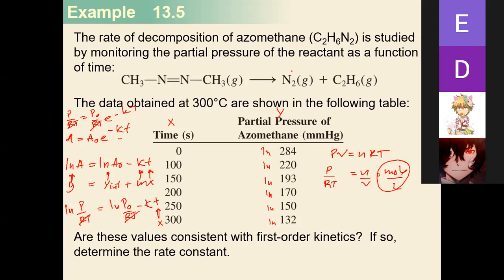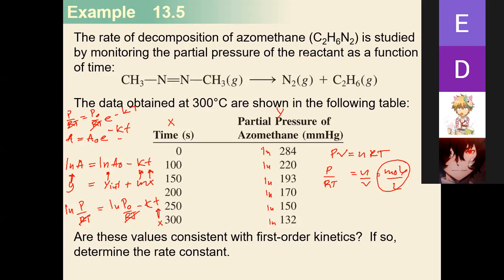Kasi if the R value is malapit sa negative 1 or sa 1, it means na linear yung data natin. Ganun talaga yan. It's trial and error. Pag naghahanap kayo ng order tapos may data kayo, trial and error talaga yan. So subukan nyo muna sa first order. Karamihan kasi sa first order. Tapos subukan nyo sa second order, tapos subukan nyo sa zero order.